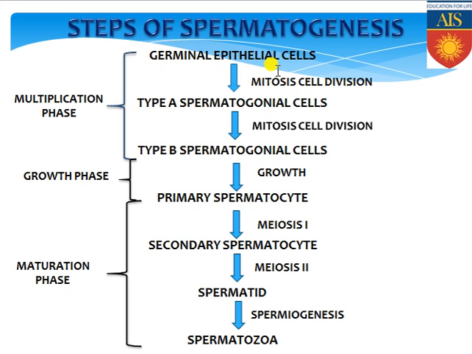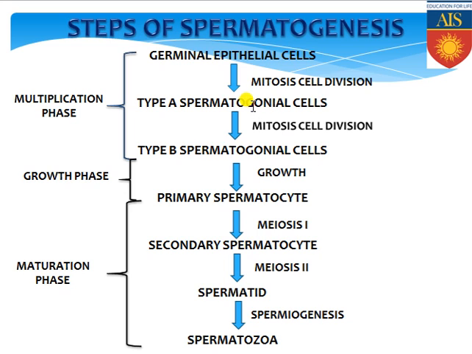So these germinal epithelial cells divide mitotically, and by mitotic cell division they produce type A spermatogonial cells. Keep it in your mind, after mitosis they produce type A spermatogonial cells. These type A spermatogonial cells again go through another mitotic division and form type B spermatogonial cells.